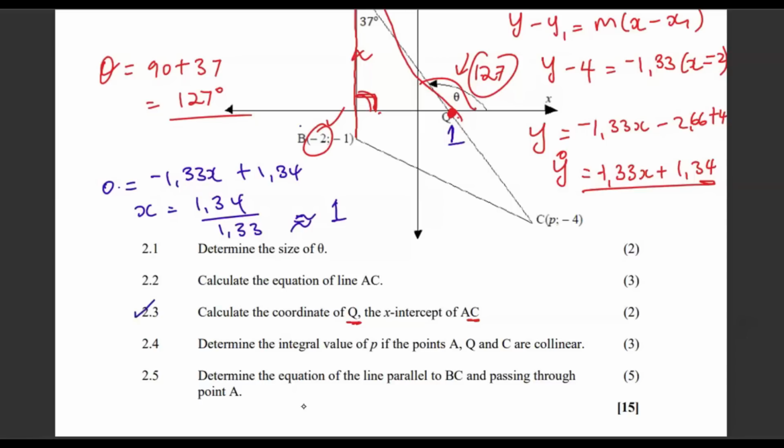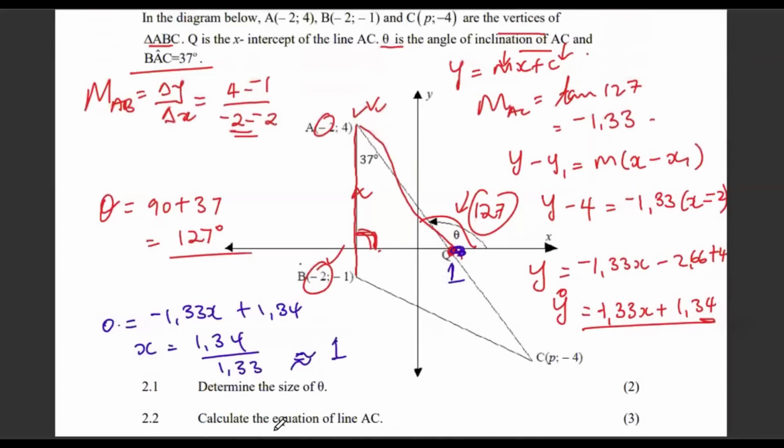Okay. Then determine the value of P if A, Q, and C are collinear. So when points are collinear, it simply means that the points lie on the same straight line. So if they're lying on the same straight line, there is just one aspect that connects collinear points, and that is the gradient.